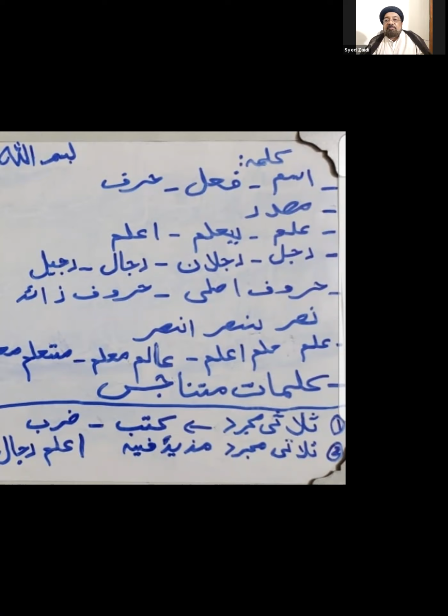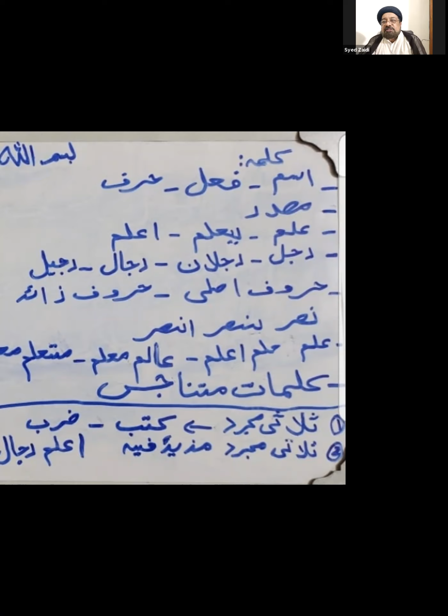And then alim, muallim, muta'allim. Now, all of these words that you see are called kalamate mutanajis: the words from a same single family.